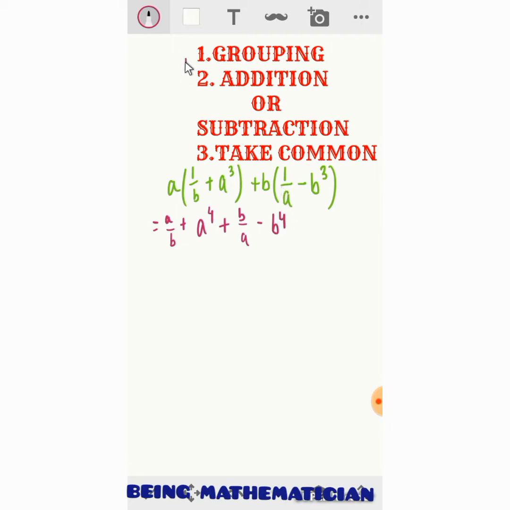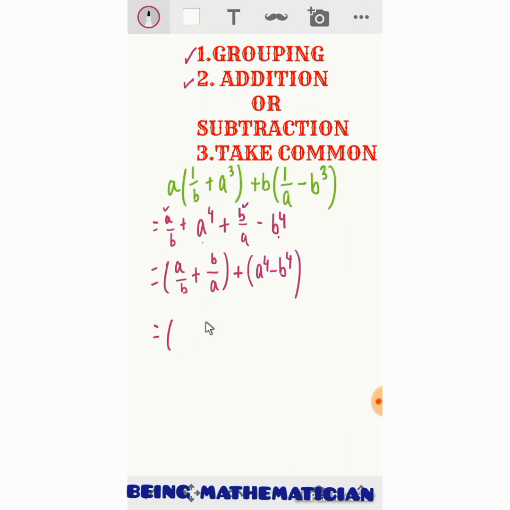Now grouping, the first step is grouping, so we can group these terms. This term and this term can be grouped, and this term and this term can be grouped. Then the next step is addition or subtraction.